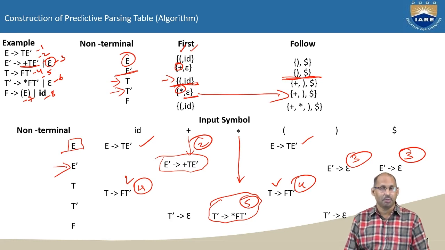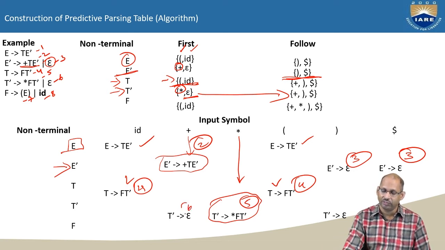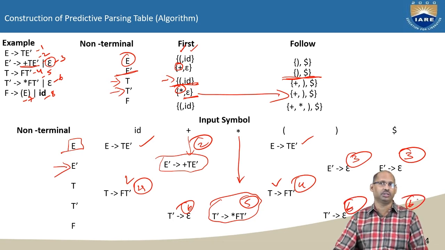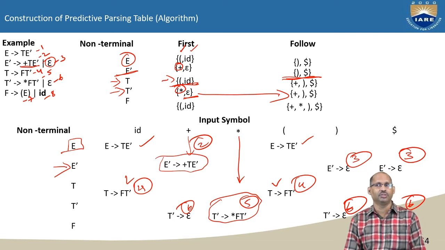There are three symbols: plus, right parenthesis, dollar sign. So in all three columns, we write the sixth production. T dash gives epsilon in the plus sign column, right parenthesis column, and dollar sign column.